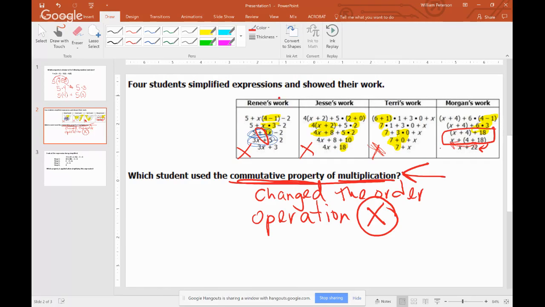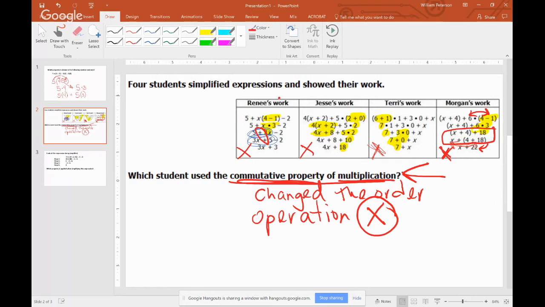So actually none of them give me the commutative property of multiplication here. You have a lot of different properties going on, but I really don't see the commutative property. And of course, if I'm wrong, give me a little line: hey, Ms. Pearson, double check your math.